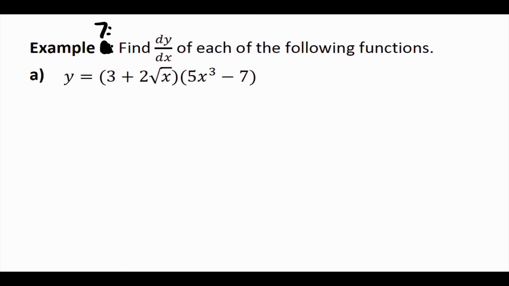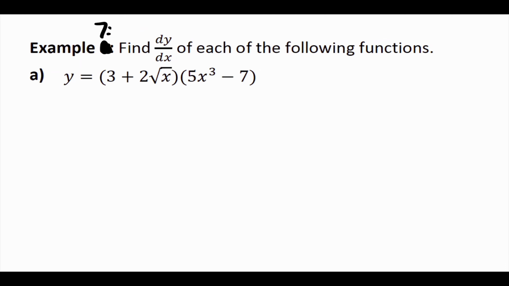So the product rule says, let me write it a little differently. Okay. So we take the first times the derivative of the second, and then add that with the second times the derivative of the first. That's the rule.